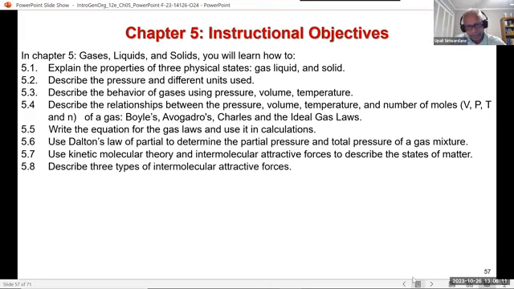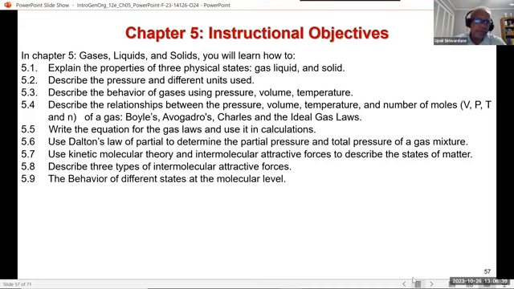There are 3 types of intermolecular forces: hydrogen bonding, dipole-dipole interactions, and London dispersion. The weakest is London dispersion, then dipole-dipole. Strongest is hydrogen bonding. We talked about how these forces affect the behavior of different states at the molecular level.